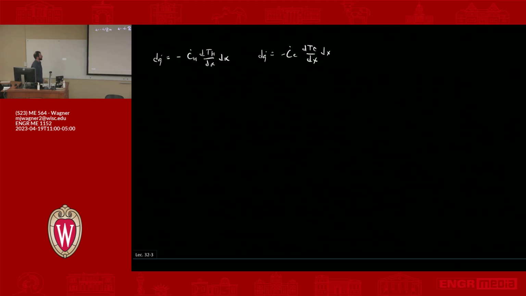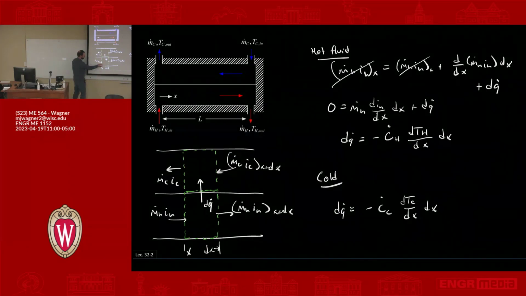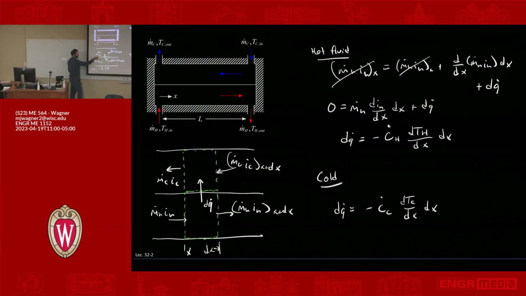Well, I guess we could look at the actual resistance between the flow streams here. Like if you look back here, we could come up with an expression for q dot that relates the temperature here, Th, to the temperature here, Tc, at this given position x, given the geometry that's in here. Or we already talked about that idea of the whole resistance network that exists between these two fluids.